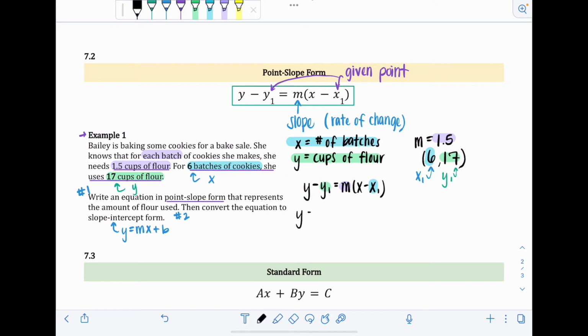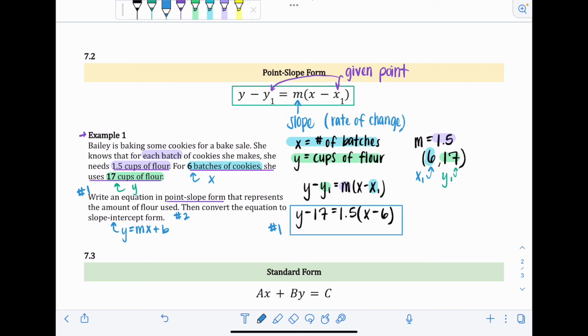So it'll be y minus 17 equals m, so 1.5 times x minus x1, so x minus 6. So that is the answer for the first part. This is our step 1 answer because it says just write the equation in point slope form, and this is in point slope form.